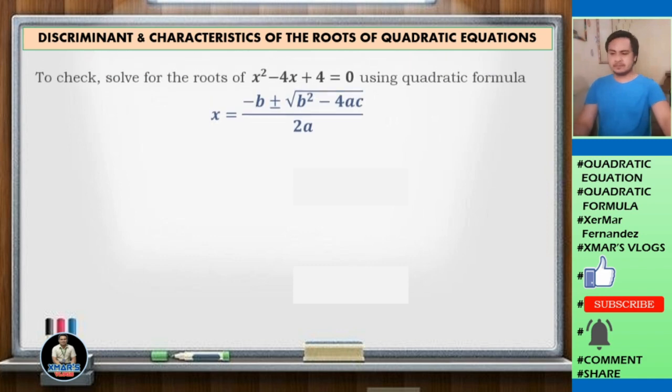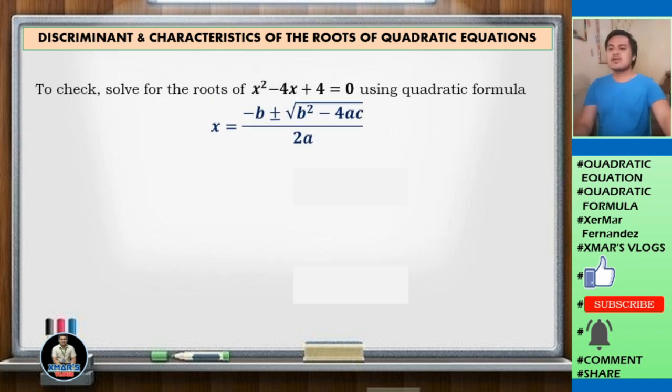Let us check. To check, solve for the roots of x squared minus 4x plus 4 equals 0 using the quadratic formula, x equals negative b plus minus square root of b squared minus 4ac all over 2a.